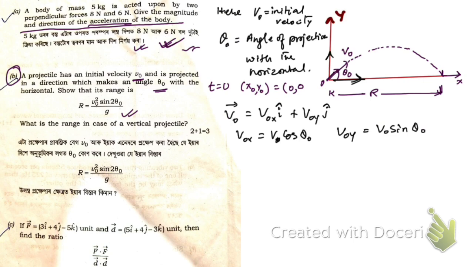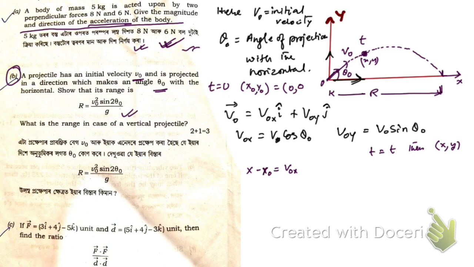When the time is t, let me write here, t is equal to t, then its position is, suppose, x comma y. So after a time, this is the position at that time. Now you see, x minus x0 is going to be equal to v0x t plus half ax t square.